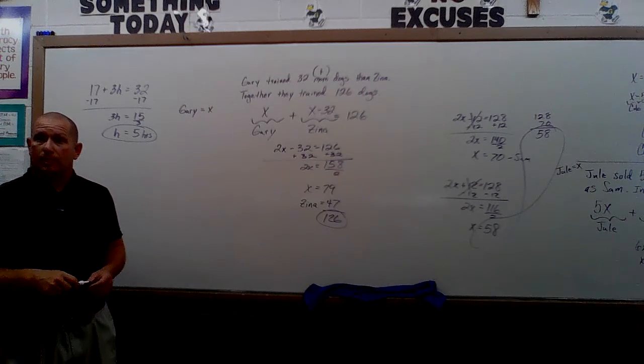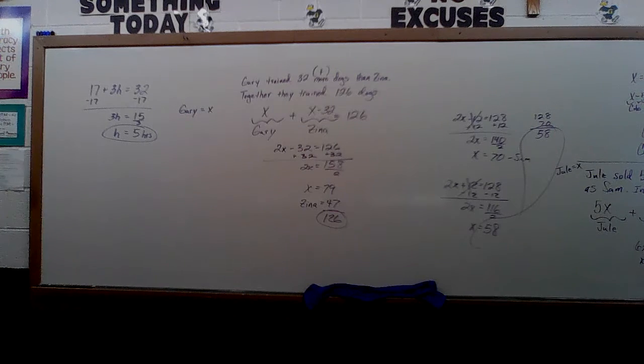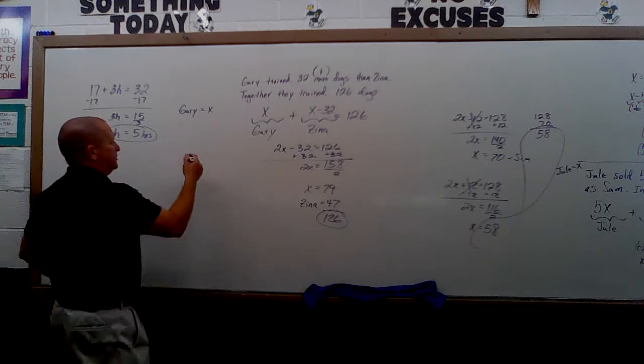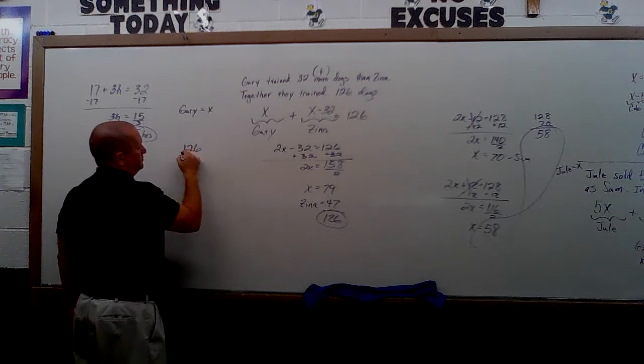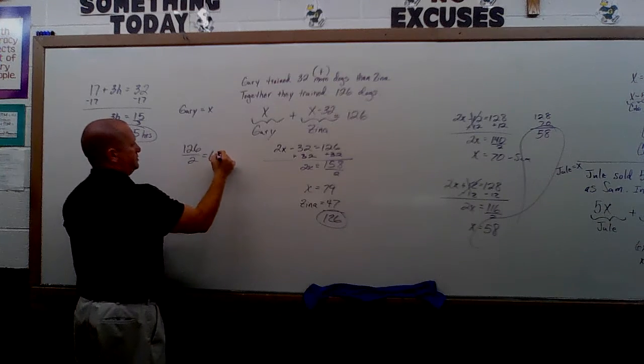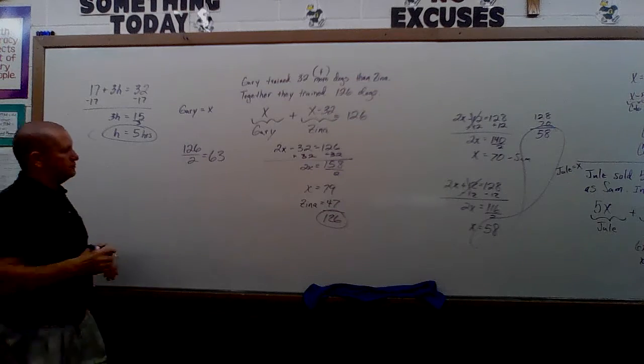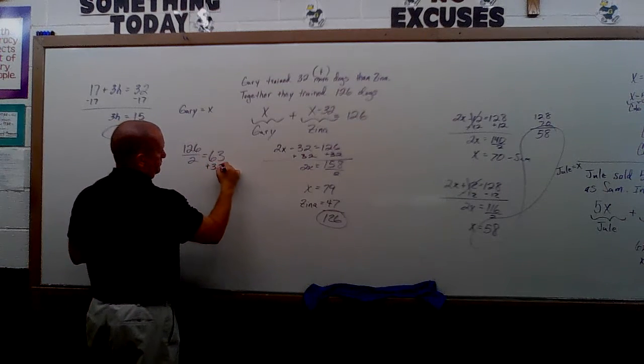I found another way to do it. Shoot, tell her. So you take 126 divided by 2, which would be 63. Then you add 32 to 63 and then subtract 32 from 63.